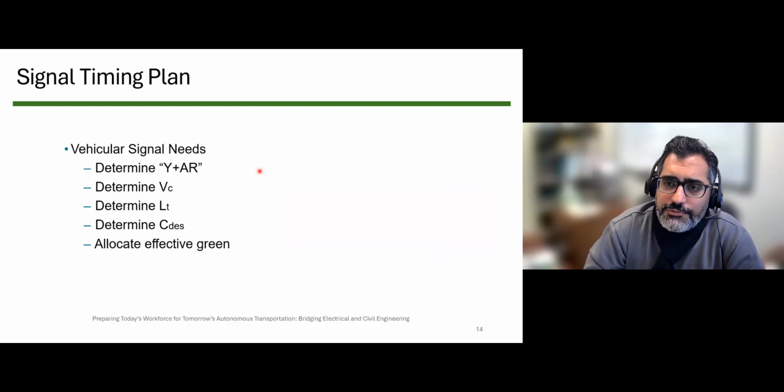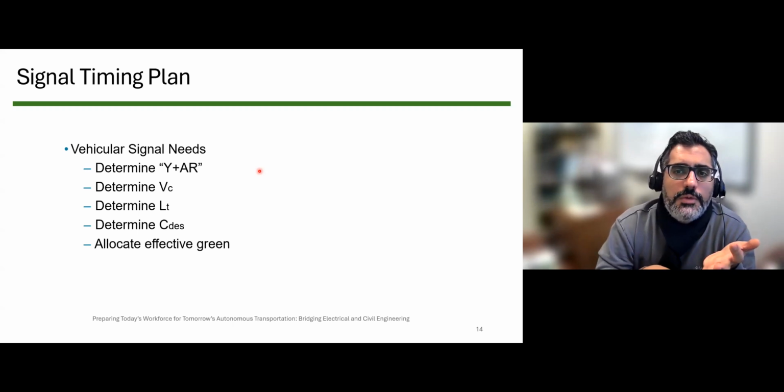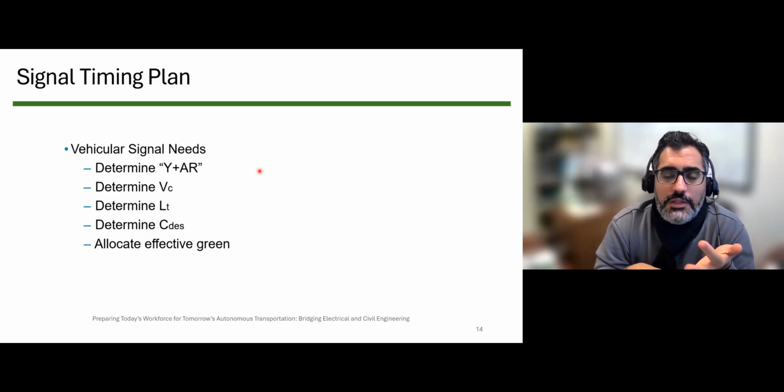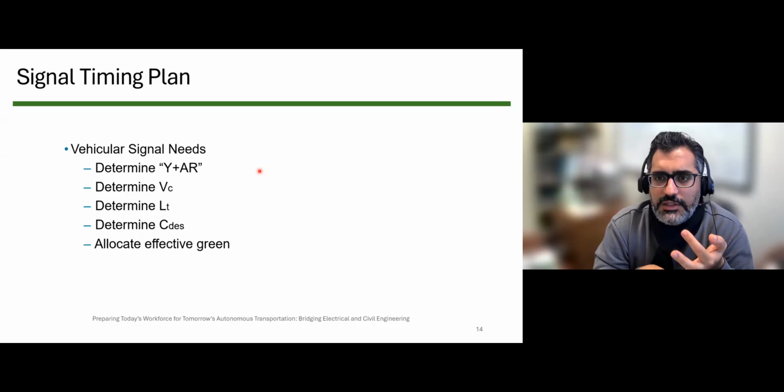So now that we know about phasing, which we learned is mainly decided based on what we want to do with the left turns, the next step is to find enough time for different movements at the intersection. So we are going to look into vehicular needs first. We will find what would be the duration of yellow, the change interval, and what would be the duration of all red, or clearance interval.